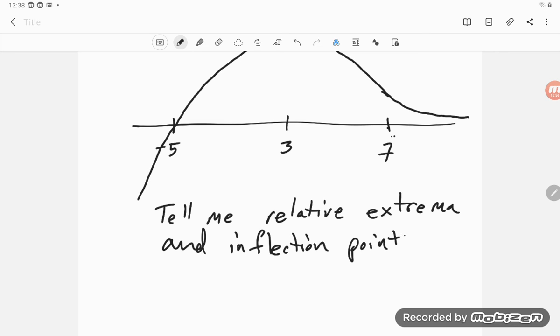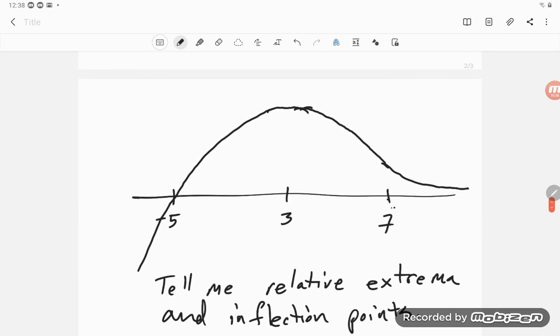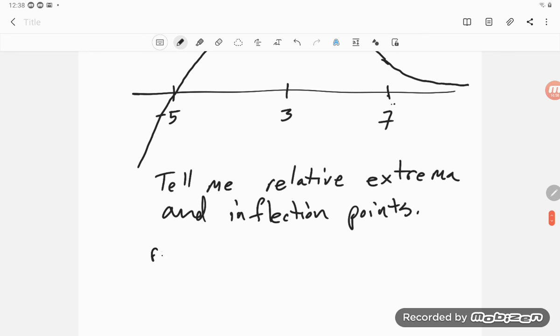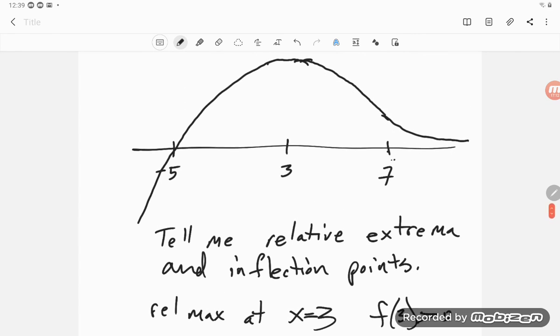Well, sort of, not exactly. What I can tell you is a relative max at x equals 3. I can't tell you the value. I could tell you that f of 3 is greater than 0, but that's the best I can tell you.